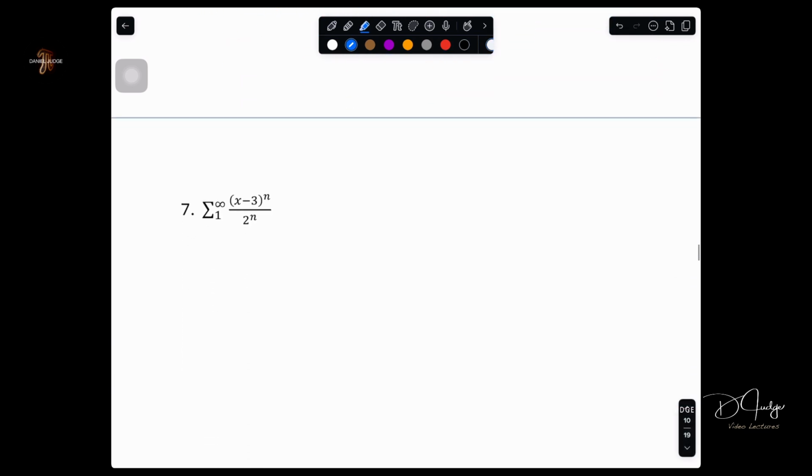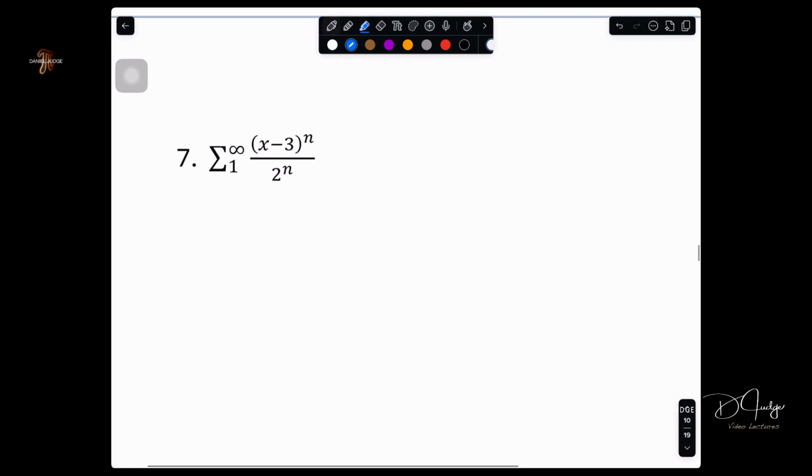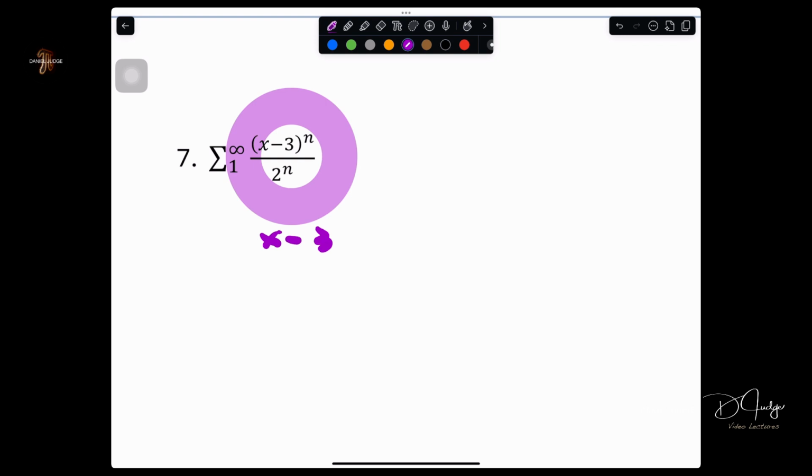All right. Number 7 now. We could do just a little bit of algebra here in number 7. So we have x minus 3 over 2 now, raised to the nth power.